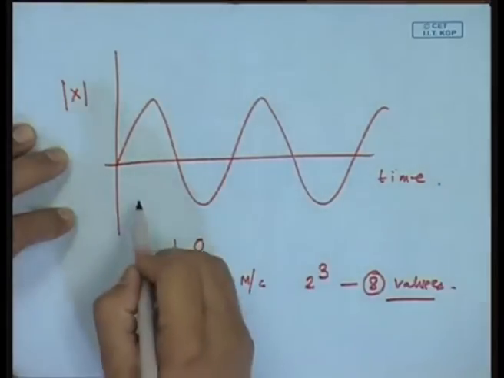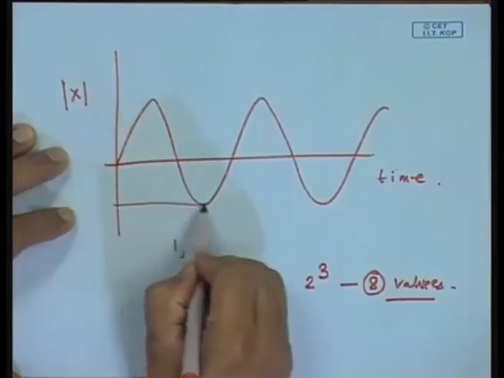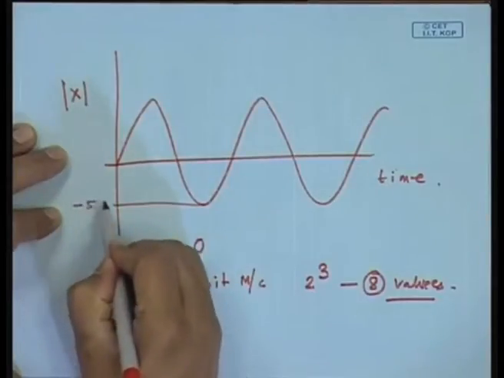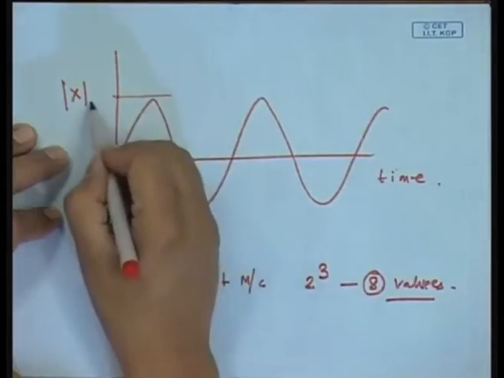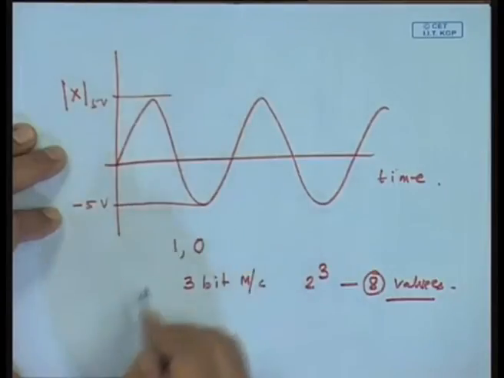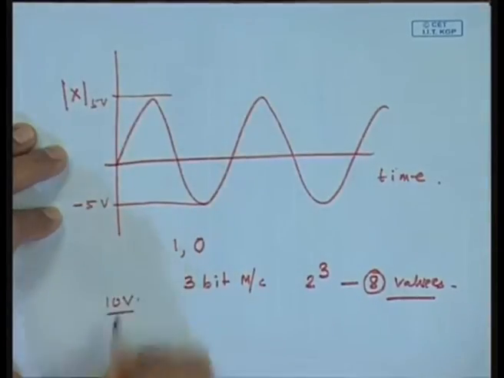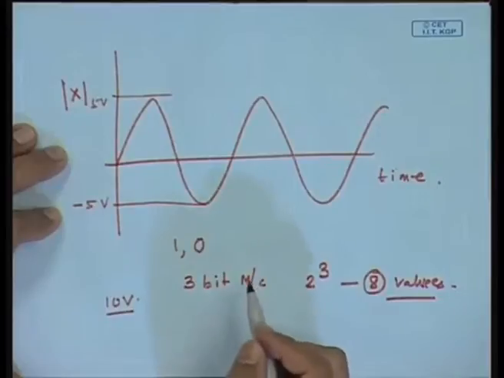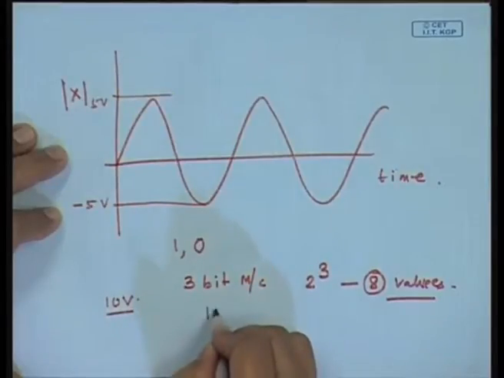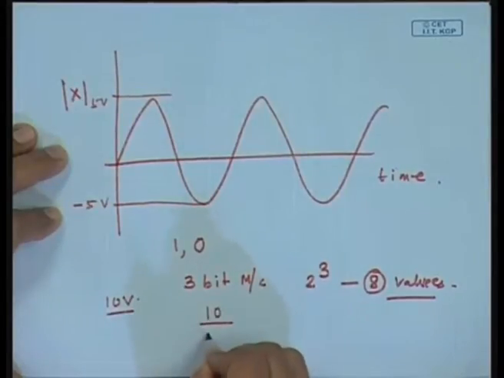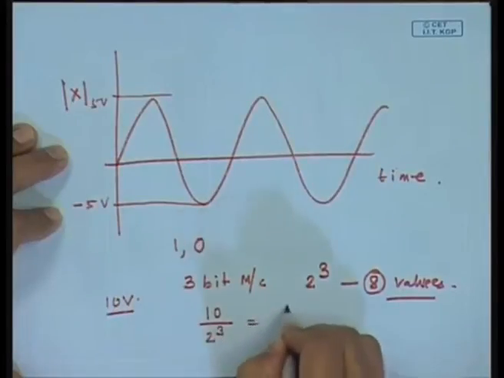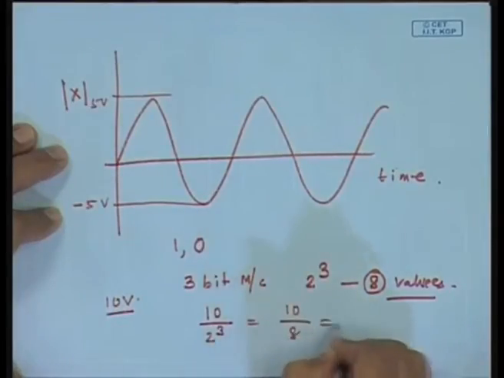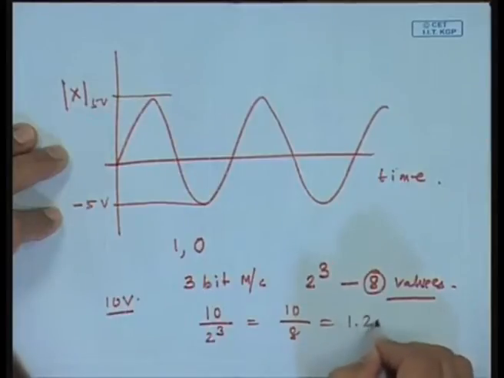So, let us assume that this is minus 5 volt, this is 5 volt. So, the entire range is 10 volts. This data can only be broken up into 10 by 2 to the power 3, 10 by 8, which is close to 1.25 volts.